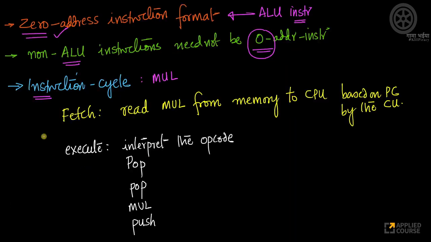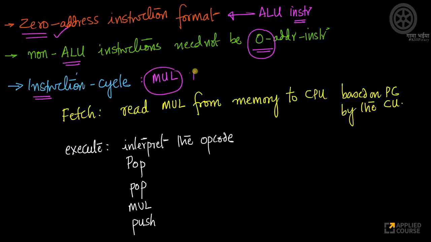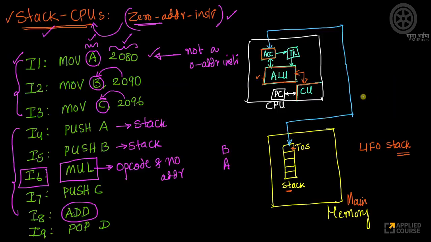Now let's understand how this instruction I6, which is mul, is executed. Let's understand the instruction cycle for this instruction MUL. This is instruction I6. First, the fetch cycle. In the fetch cycle, we read mul from the memory to the CPU, based on the program counter and with the help of the control unit.